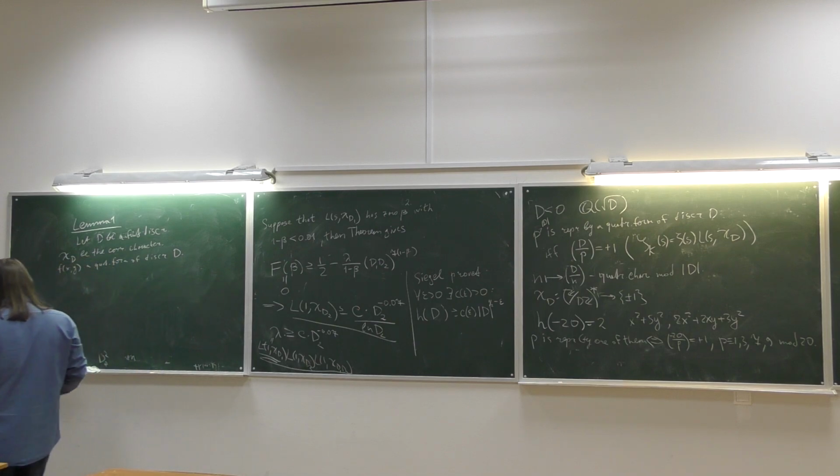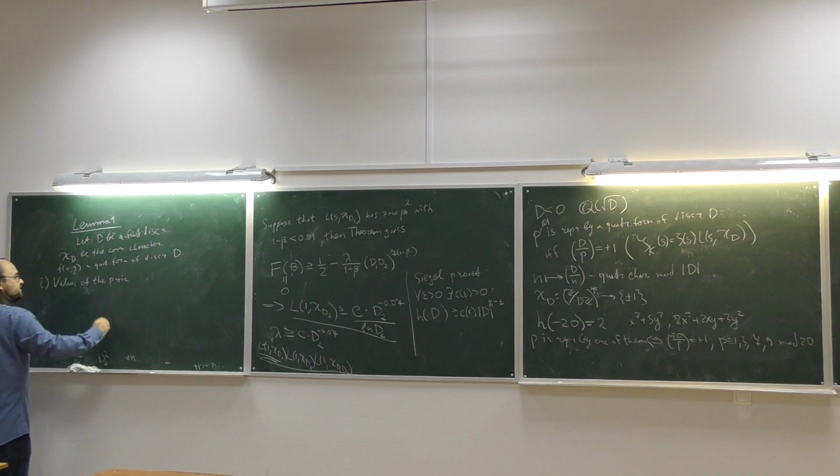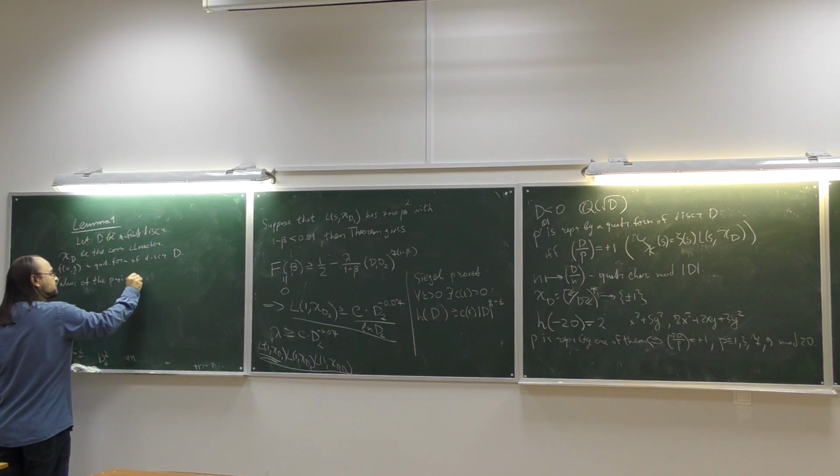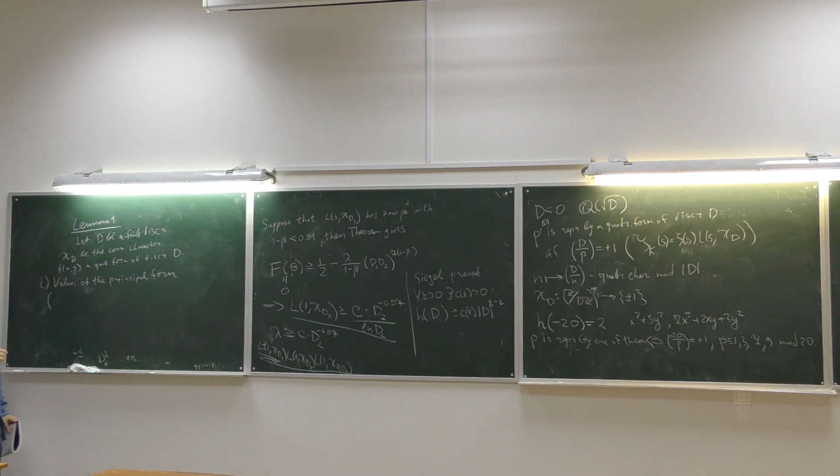First of all, values of the principal form. That is, what is a principal form in this case? The principal form is the form corresponding to the principal ideal. What is this? Can you tell me?